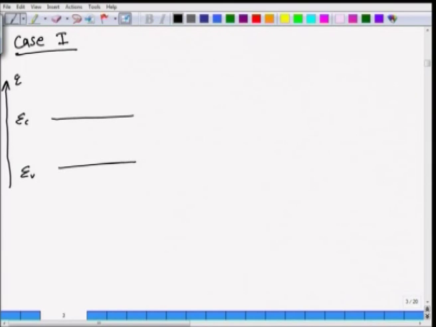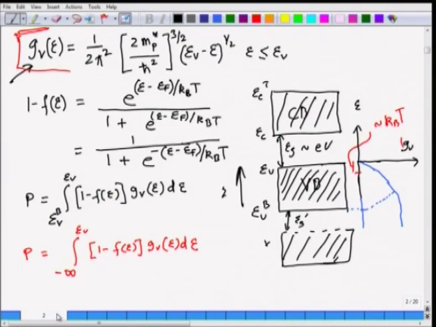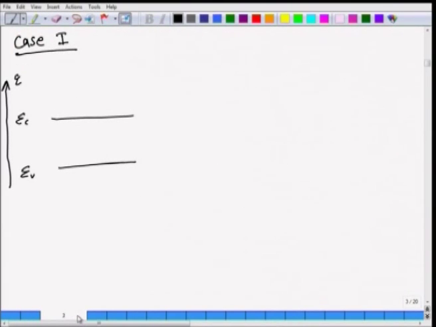Now what am I going to plot? I am going to plot this quantity G_C, which I have already plotted, and this quantity G_V, which I have already done, but I am going to put it on this slide also.